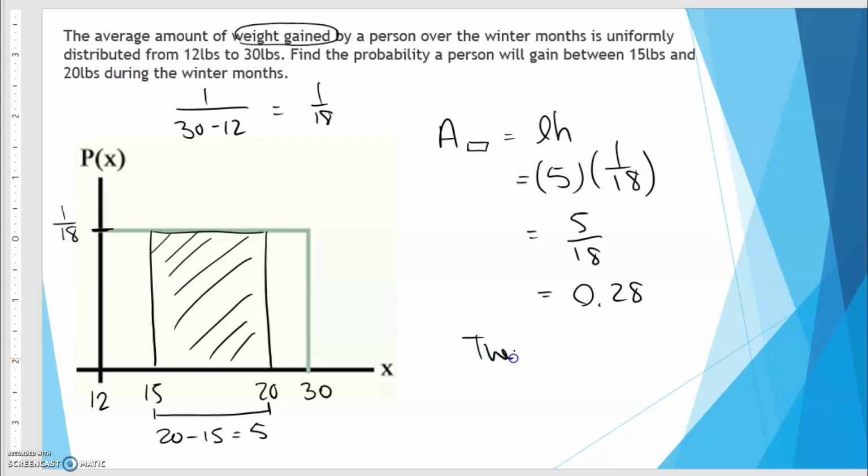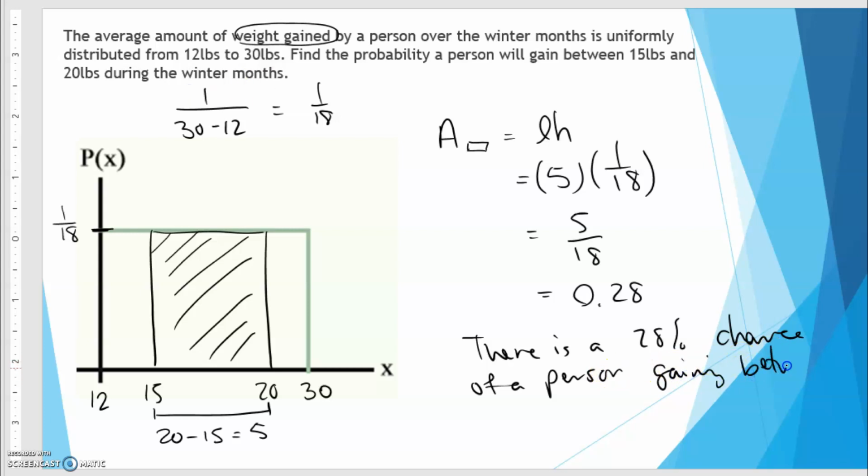So there is a 28% chance of a person gaining between 15 and 20 pounds during the winter months.